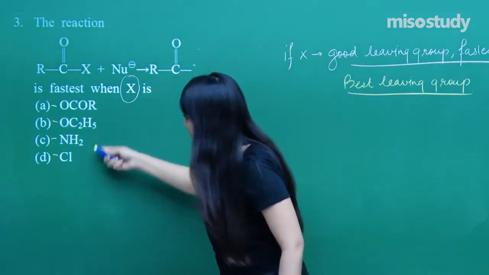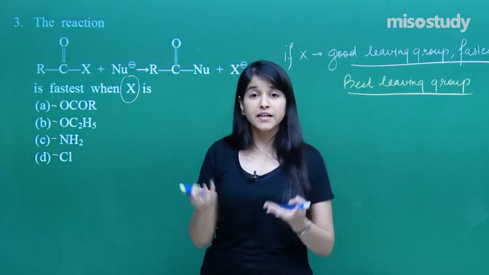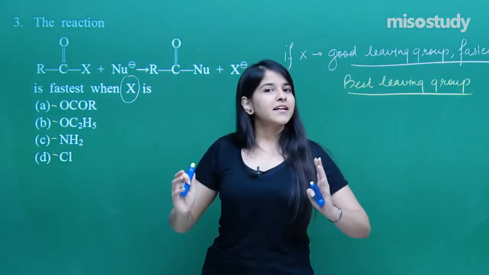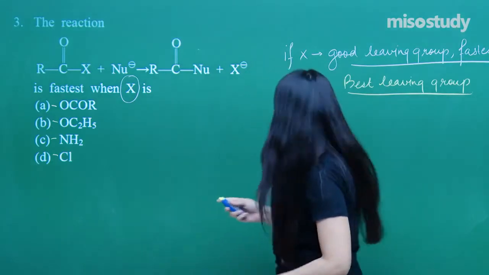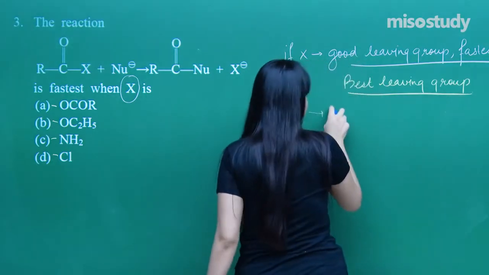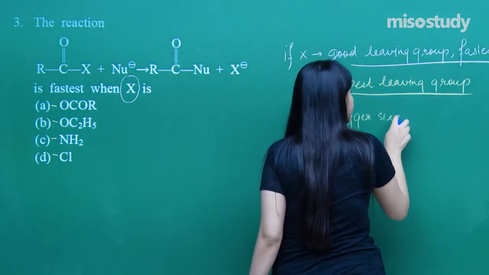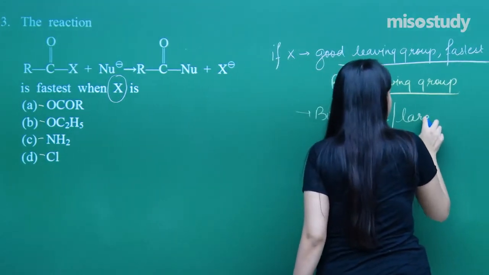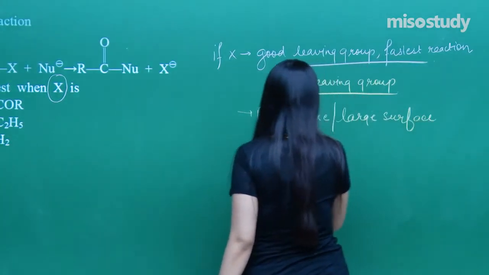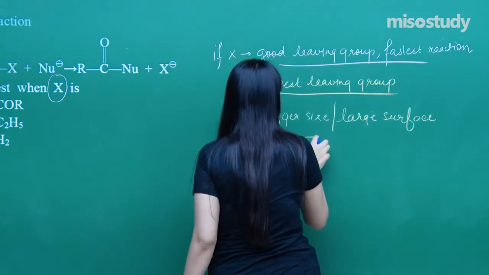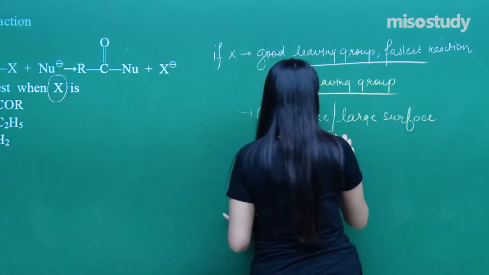If you see the sizes of the groups, what is the property of a leaving group? If the size of the leaving group is bigger, it can disperse the charge very easily. That's what we have done in the category of leaving groups. So, bigger size, or I can say large surface area, means a better leaving group.